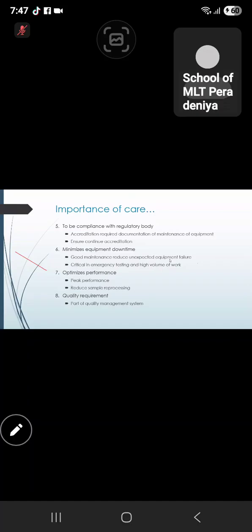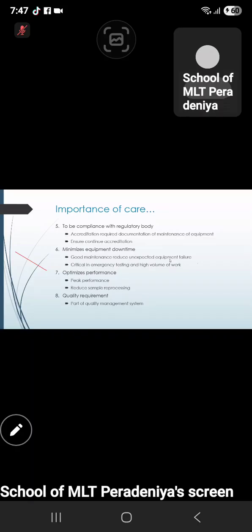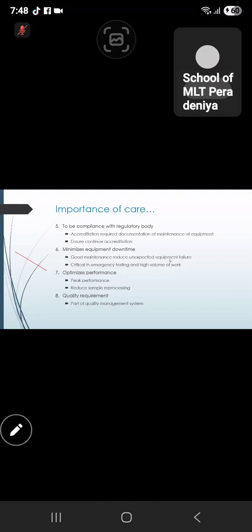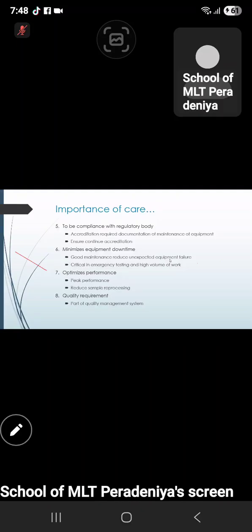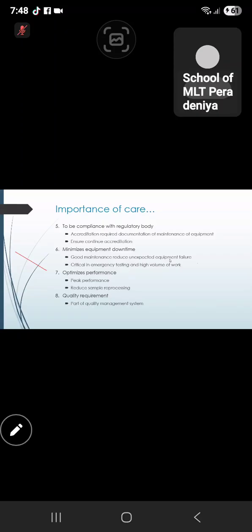If we take an analyzer or whatever equipment, proper maintenance will give good performance. And for quality management, one of the quality requirements is maintaining the equipment properly and maintaining the maintenance log.